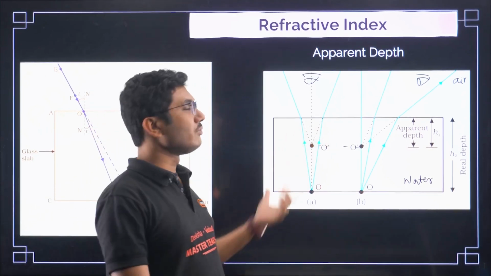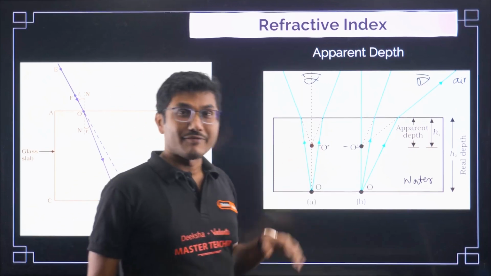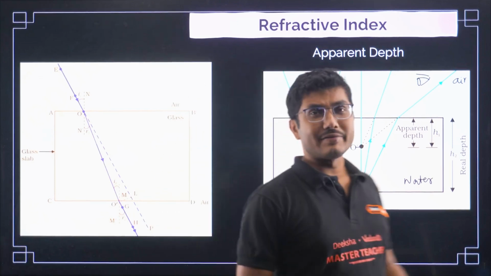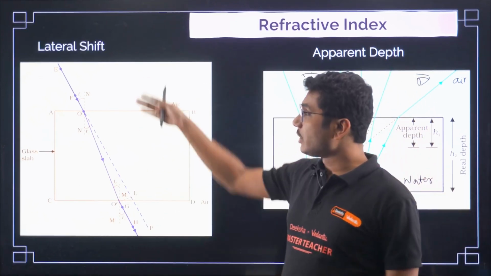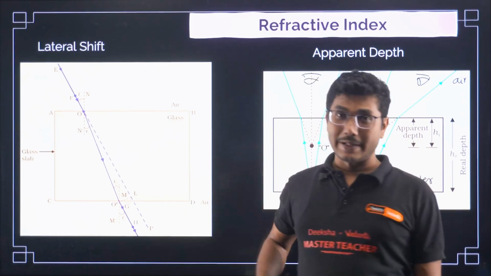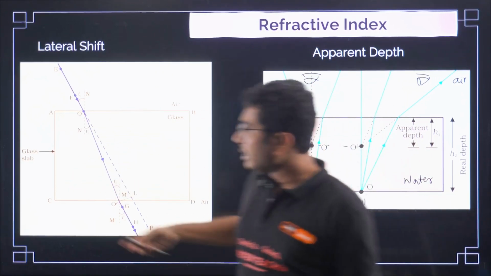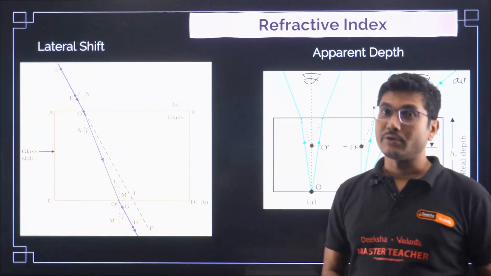Based on the liquid, the apparent depth can vary. And there is one more thing. When light passes through a parallel glass plate, where the edges are parallel to each other, it is called a glass slab. You may have done this experiment in your laboratory.